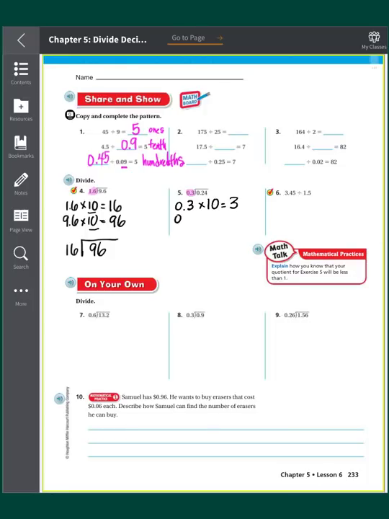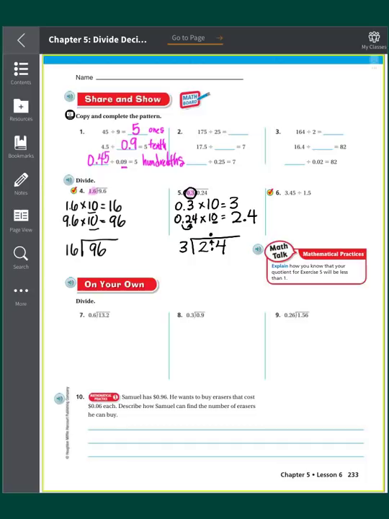I have to do that to my 24 hundredths also. And this time it's going to be 2.4 because it's only going to move over one time because it's only by 10. But that's fine. As long as this is a whole number, you're fine. So then it's going to be 3 divided by 2.4. And make sure to put the decimal point right there because you want these to line up. Okay. All right. Number 6.